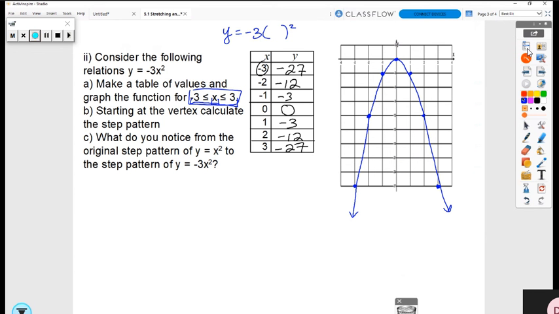Okay, let's do the step pattern. Now, this is where step pattern can become a little bit tricky, because when I go over 1, down 1, see how my brain worked there? I even said it out loud. I said down 1. Time out. Down 1 really means down how many? I know it's down 1 box, but 1 box is worth 3.